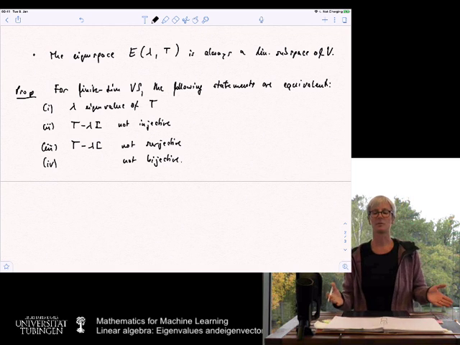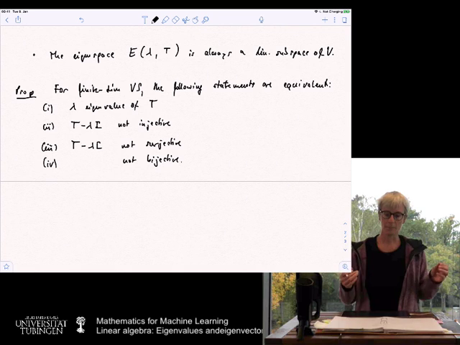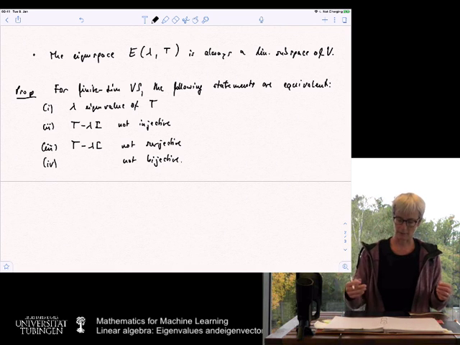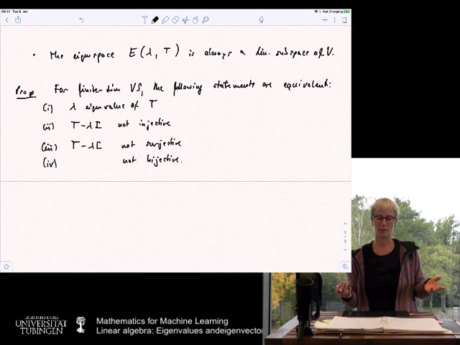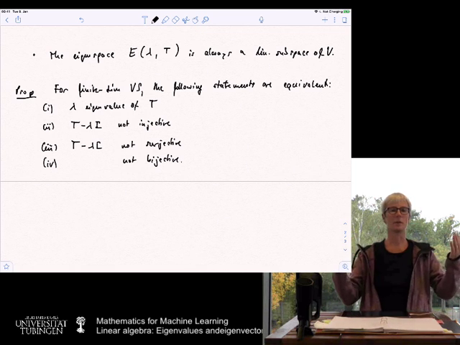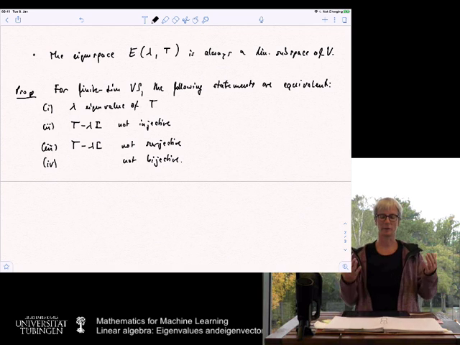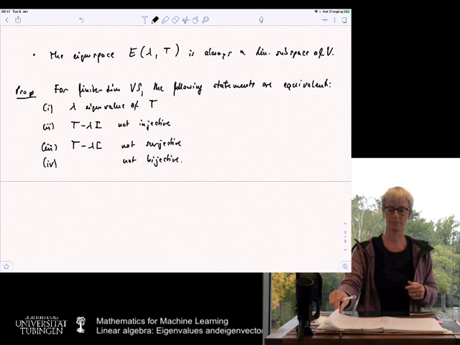And as I said, the proof is pretty easy and clear because the properties injective, surjective, and bijective are equivalent on finite dimensional spaces. And going from 1 to 2 or 2 to 1 is essentially just the definition of what an eigenvector is. So this is really easy to prove. I'm not going to write it down.